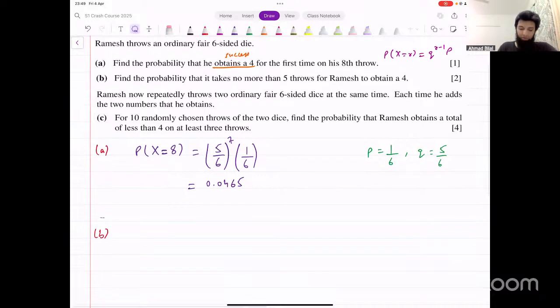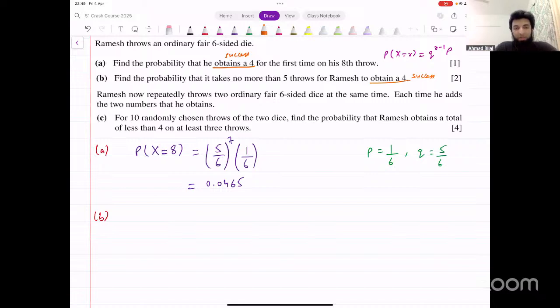Okay, part B of this now. Part B says, find the probability that it takes no more than 5 throws for Ramesh to obtain a 4. Again, we're talking about obtaining a 4. So obtaining a 4 is what we're calling a success. So the probability of failure and success, it's the same as before. No more than 5 throws.